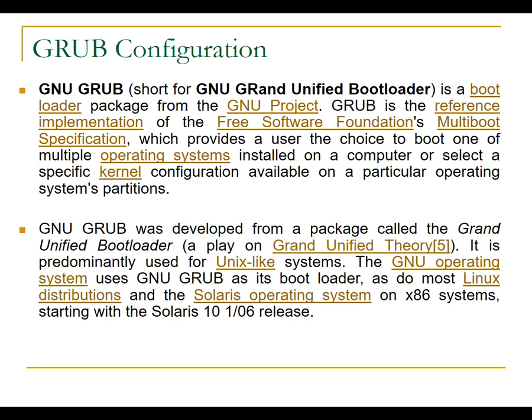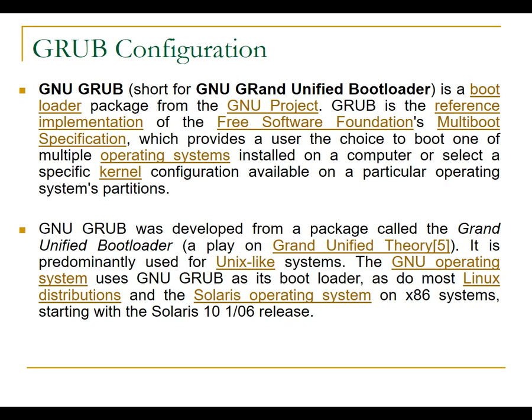So Grub was developed from the package called Grand Unified Bootloader, and plays a very important role in Grand Unified Theory 5. It is predominantly used in Linux-like operating systems, and nowadays in any flavor of Linux, instead of Lilo, this Grub configuration file is used.